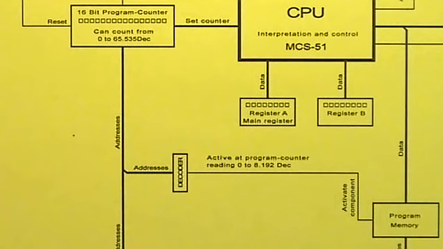With the AT89S52, the first 8,192 counts point to the program memory. A decoder ensures that with all higher counter readings beyond this 8,192, the program memory cannot be selected at all.